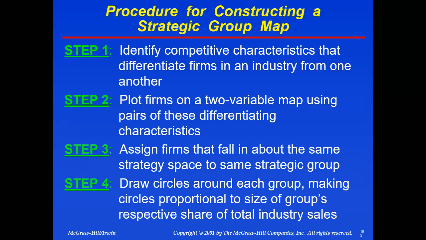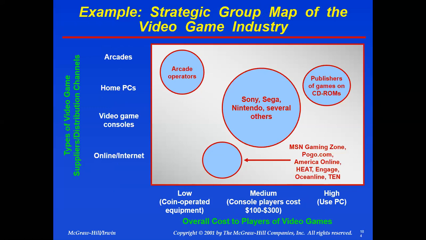Step two, plot firms on a two-variable map using pairs of these differentiating characteristics. Step three, assign firms that fall in about the same strategic space to the same strategic group. And step four, draw circles around each group, making circles proportional to the size of the group's respective share of total industry sales. And these four steps were demonstrated in this particular example.